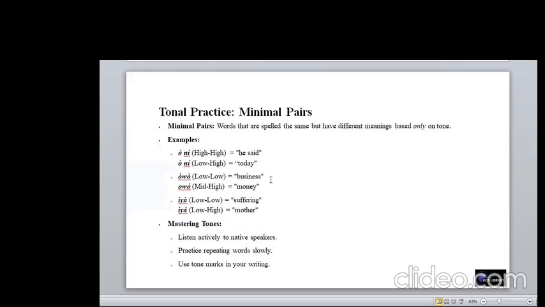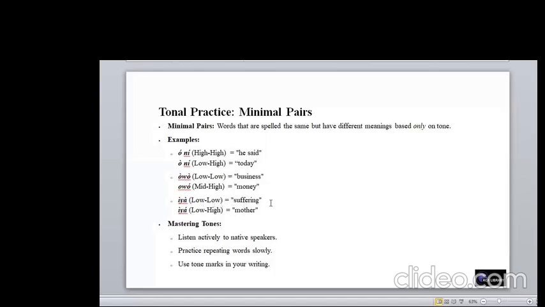So it means business. Another way it can be pronounced is Owo, Remi. If it is pronounced thus, it means money. And also Iya. Iya is low. That is do.